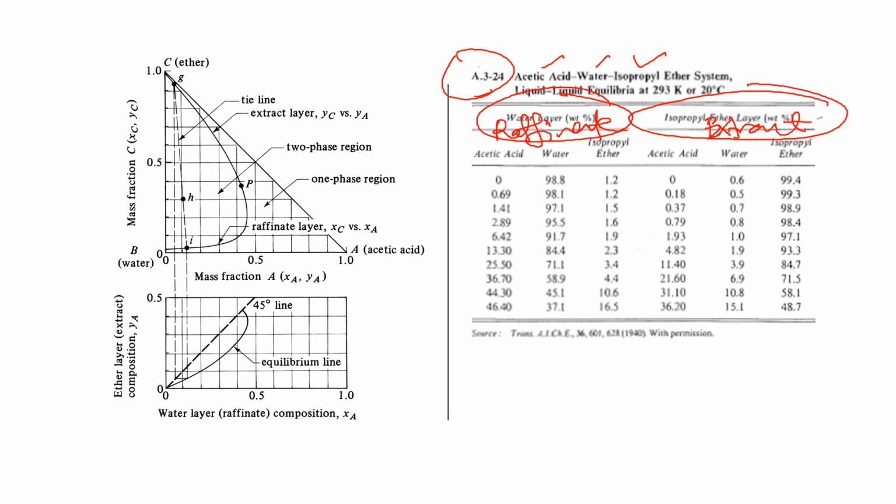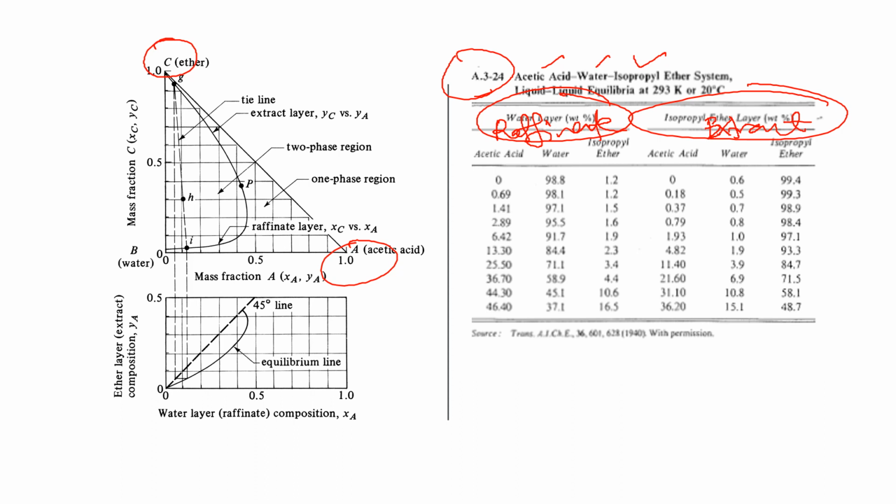This data is represented by this diagram at the left side. Let's have a look at this diagram. Once you already have this equilibrium data, you may plot the concentration of component C on the vertical axis and A on the horizontal axis.